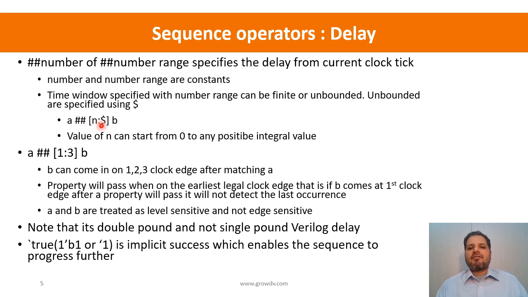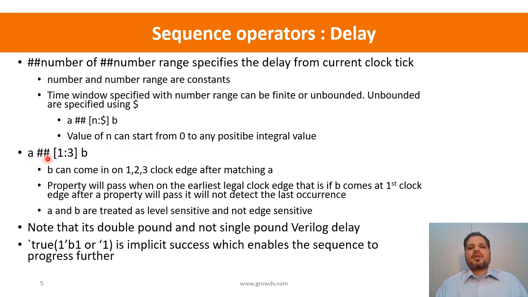Let's say if I put 10 to dollar, then after assertion of A, from the 10th clock onwards to the end of simulation, at any point of time B can come. So that's how you specify the unbounded values. And the value of n here can be 0 or any positive integral value. I just took an example of 10, but it can be any number.